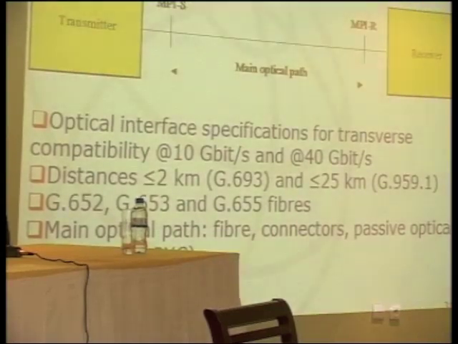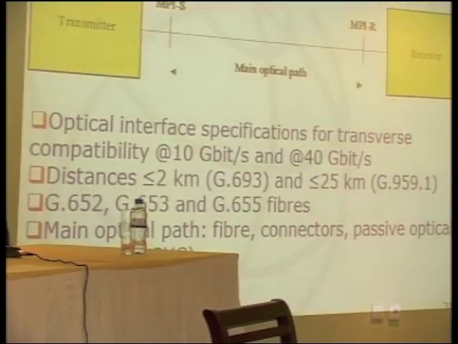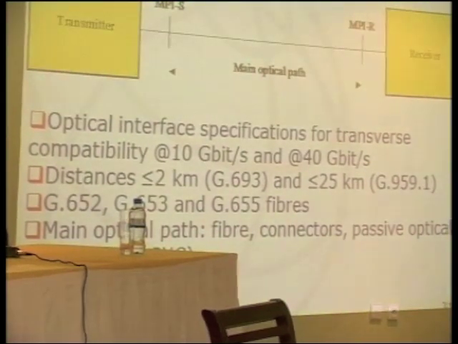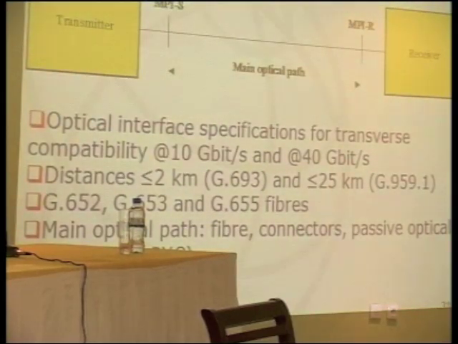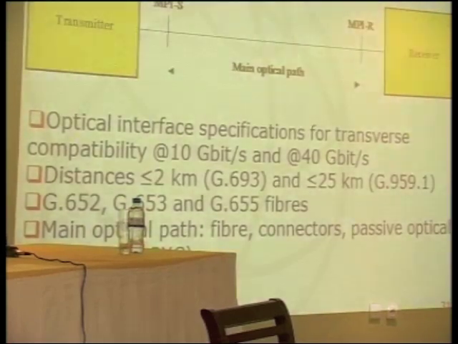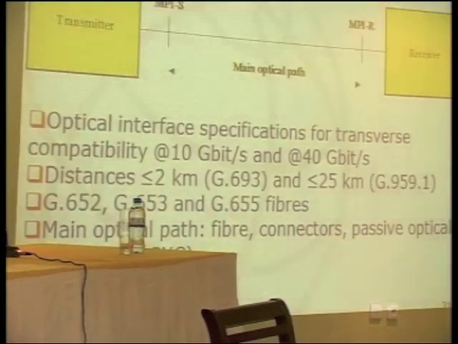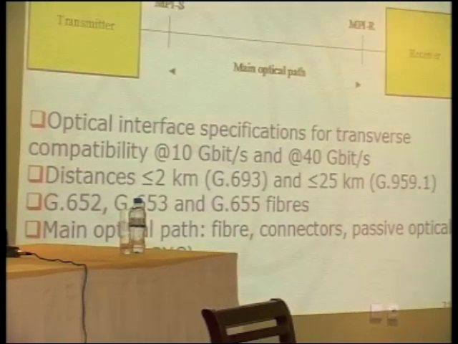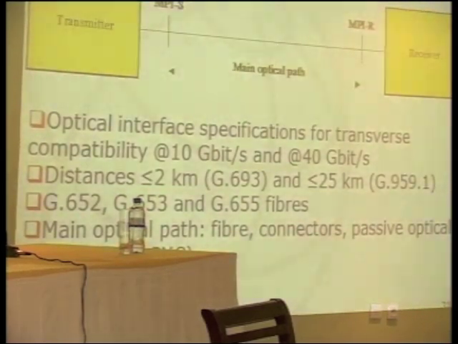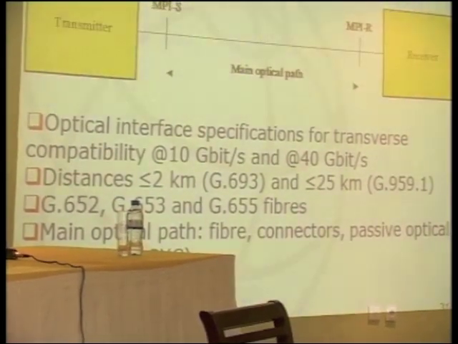The compatibility is transversal compatibility, which means that the transmitter and the receiver can be of different vendors. The bit rate on a single channel is either 10 gigabit per second or 40 gigabit per second, and distances are below 2 kilometers or below 25 kilometers.